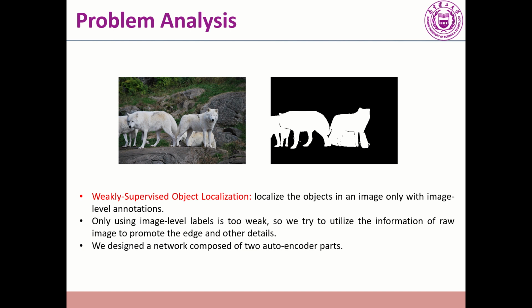We consider that only using image-level labels is too weak, so we try to utilize the information of the raw image to promote the edge and other details. So we designed a network composed of two autoencoder parts.